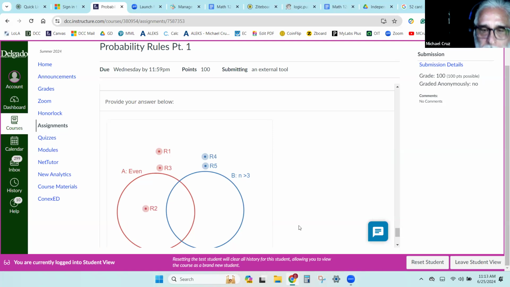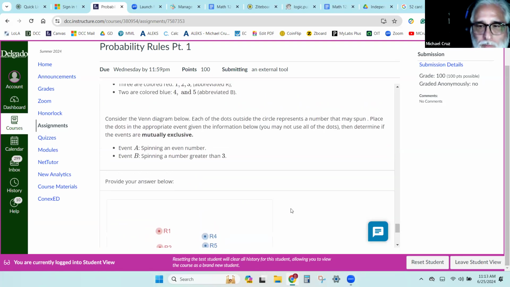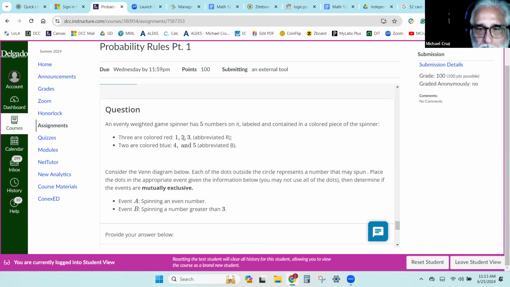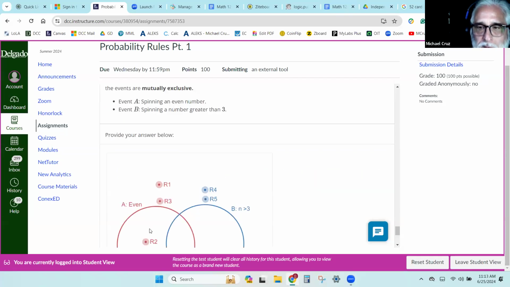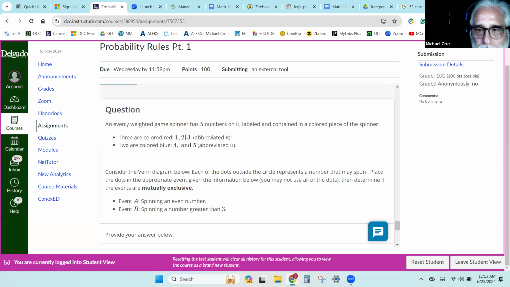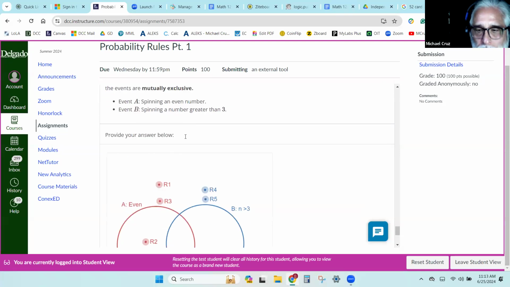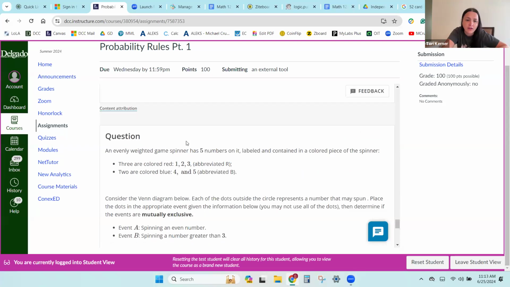Two is going to go right here, right? So I got to keep scrolling up. But the 2 is the only one that's even. They share the 4, right?